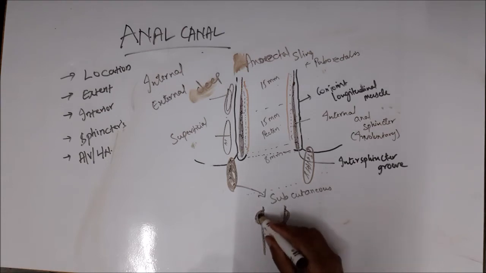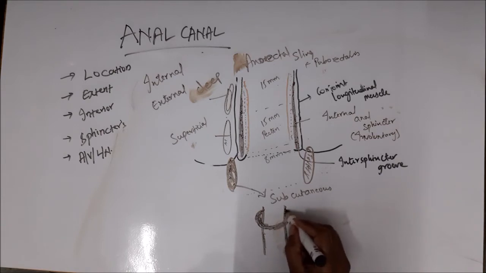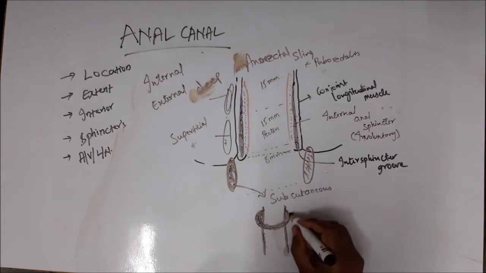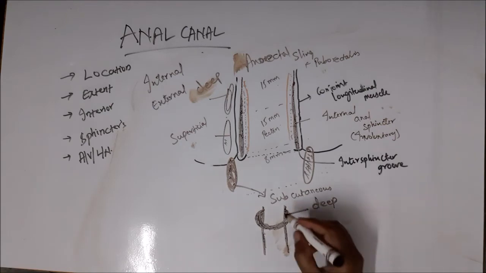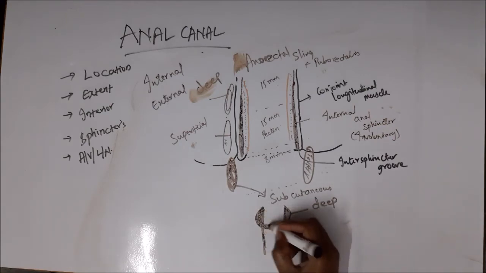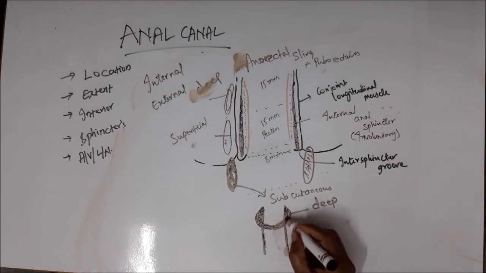There is a circular muscle. So this is the deep part of the external anal sphincter. It's related with a few fibers of puborectalis.